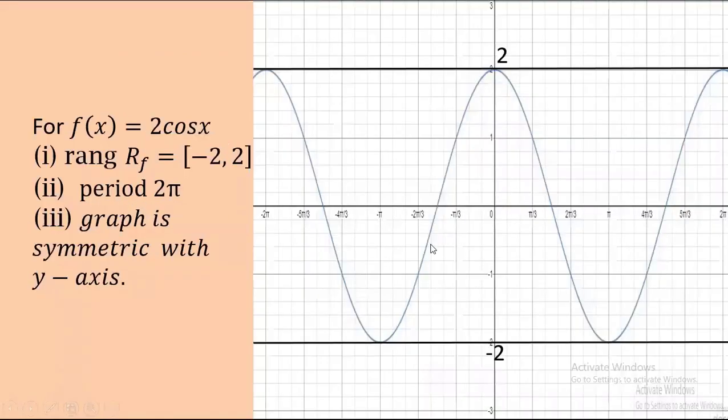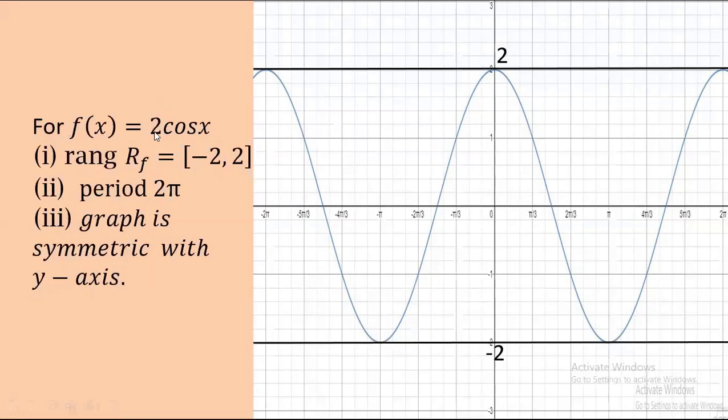You see this figure here. You may say, sir, cos x is symmetric, but how do we know 2 cos x is symmetric? You see, for 2 cos x, the function is extended up and down by 2 times.